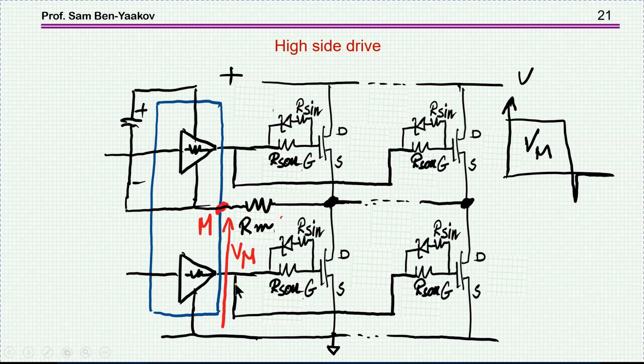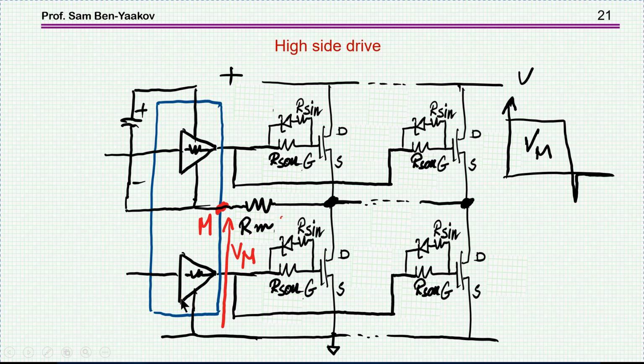And this is again caused by the leakages. I'm not going into all the details. You can find it in many application notes of vendors of these drivers. But it is an annoying phenomenon because this negative going pulse can actually damage the driver.